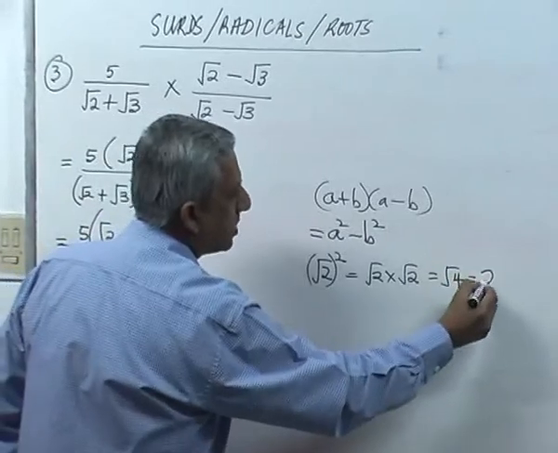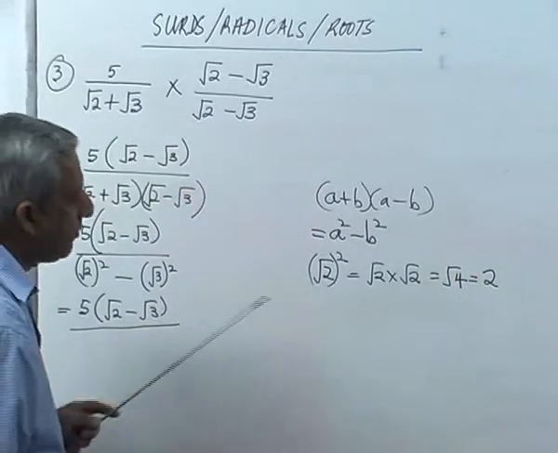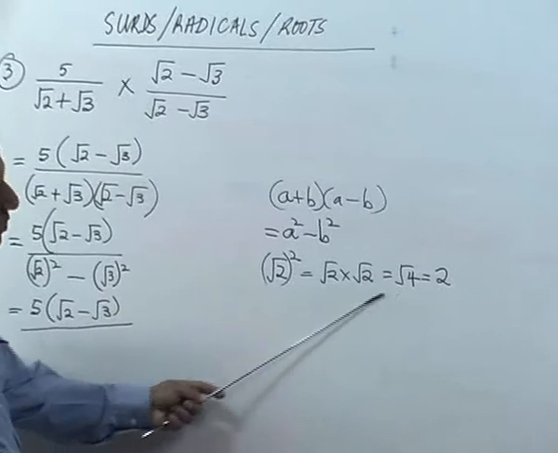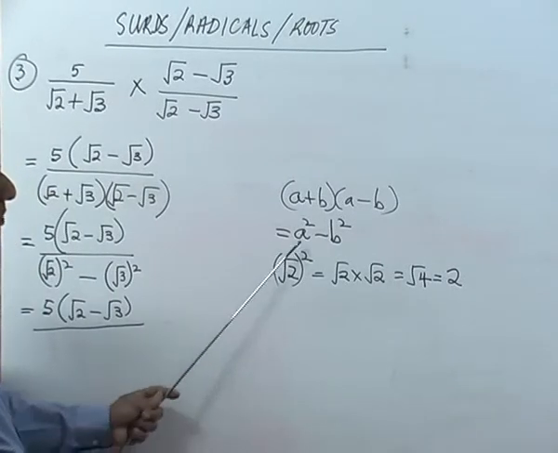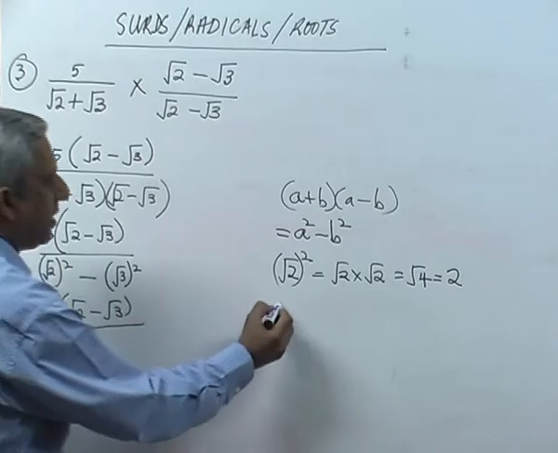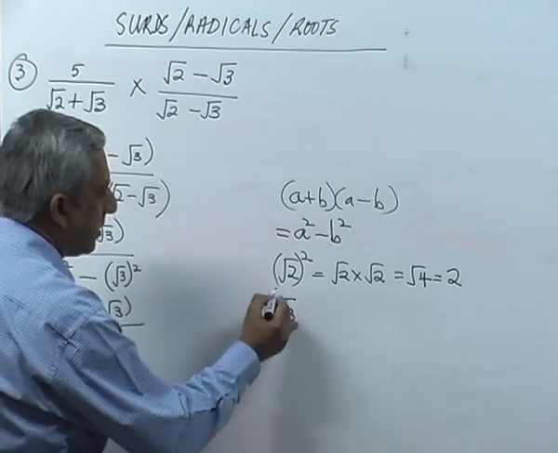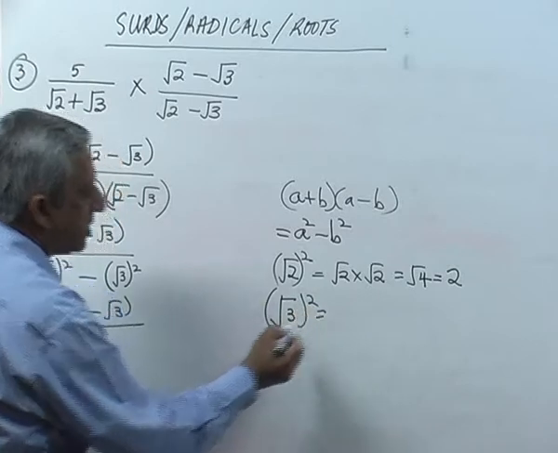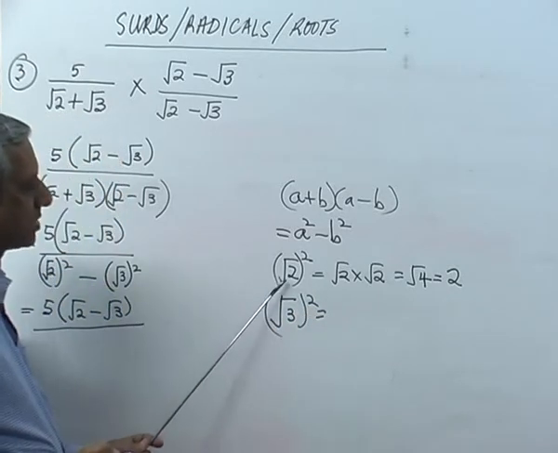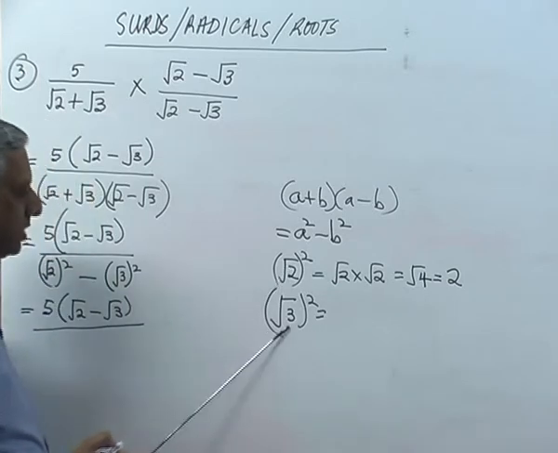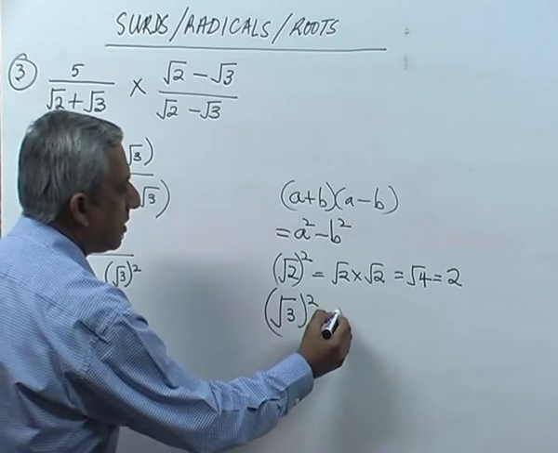Square root of 4 is 2. Therefore, instead of doing all this working, we can come to a conclusion that square root of 2 squared is 2. And therefore, square root of 3 squared, just like how that one works out to be 2, this one will work out to be 3.